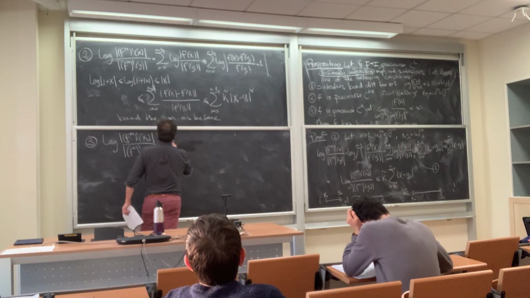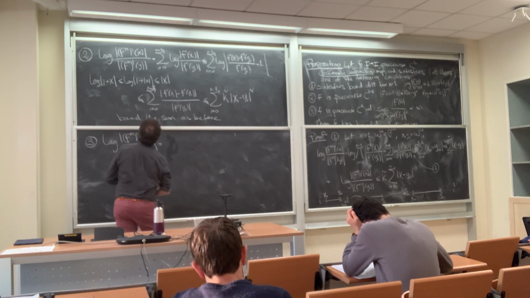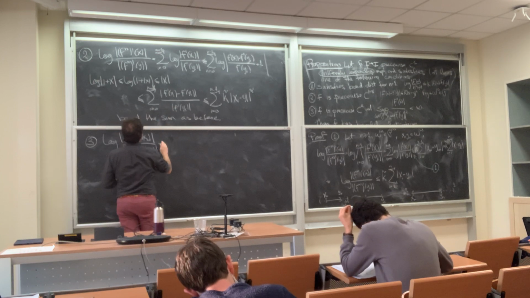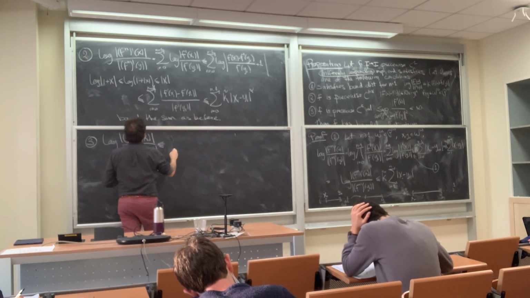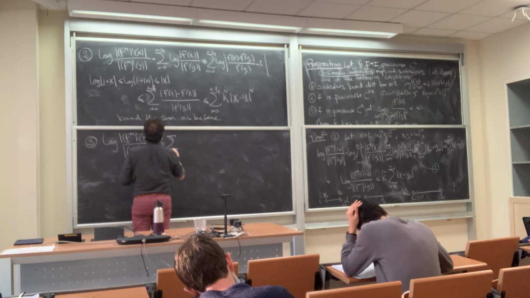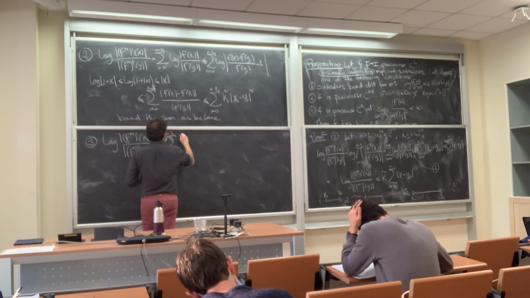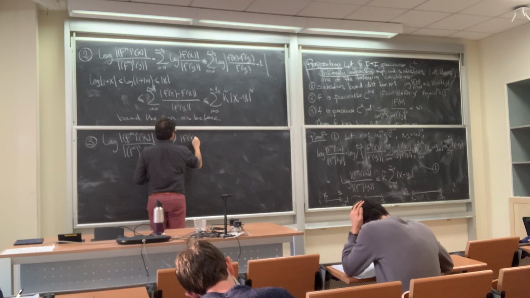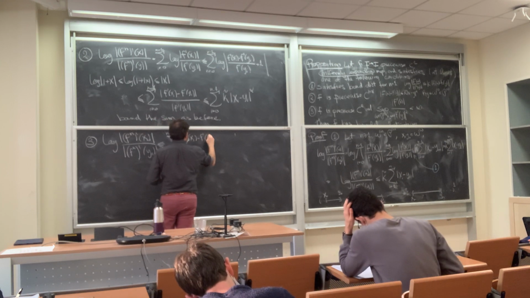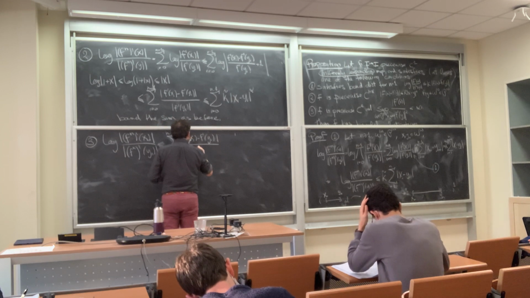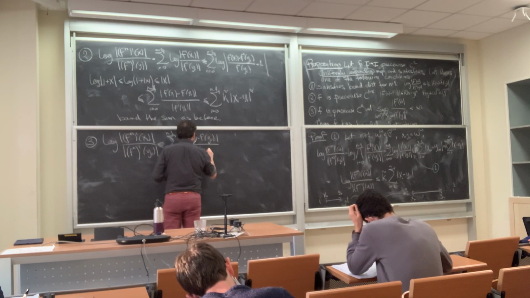All the way up to here is general, I don't use any assumptions. So this is the sum, i equals 0 to n minus 1, of f prime of xi minus f prime of yi over f prime of yi.